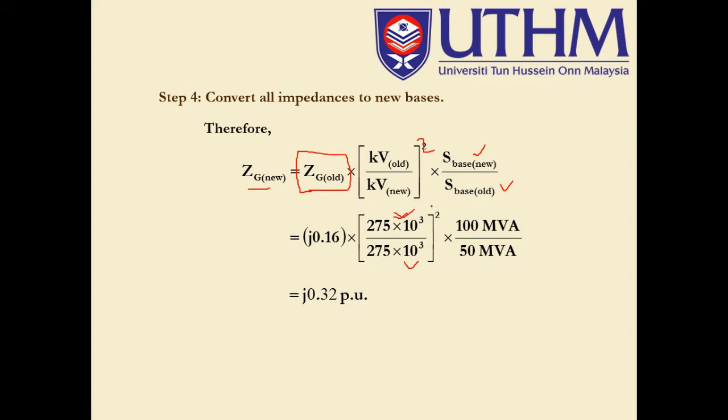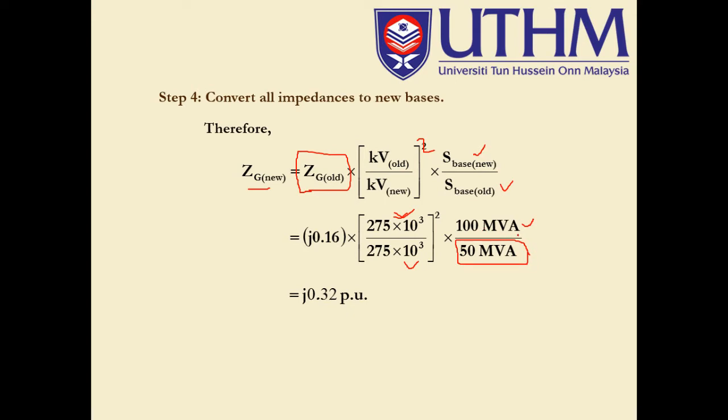But once we come to S, there is a difference between new and old. So 100 MVA is considered the new value from what we picked earlier. This is the rating value in the SLD, the single line diagram.